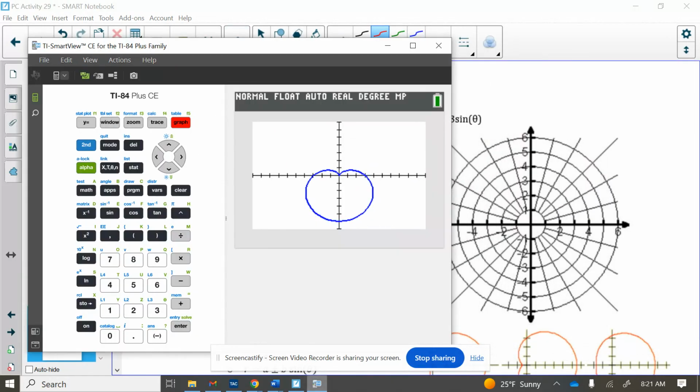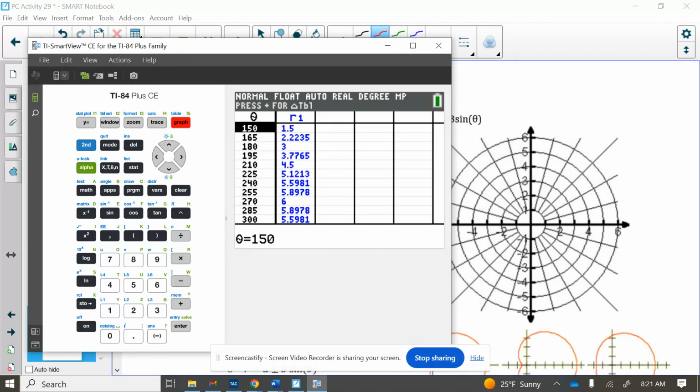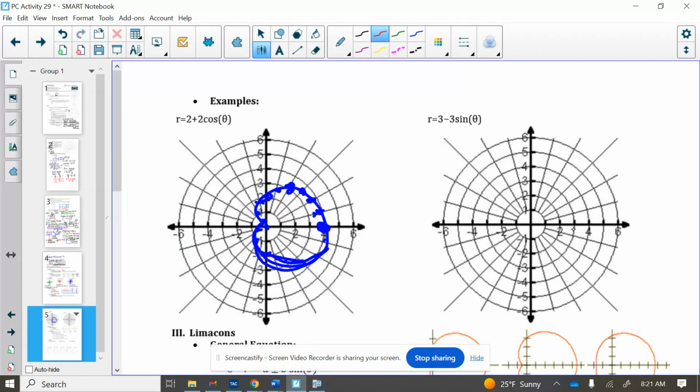So again, you want to look at this table of values, starting at 0, ideally. So we're at 3, and then 2.2.